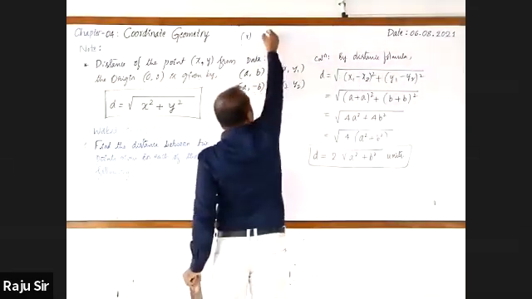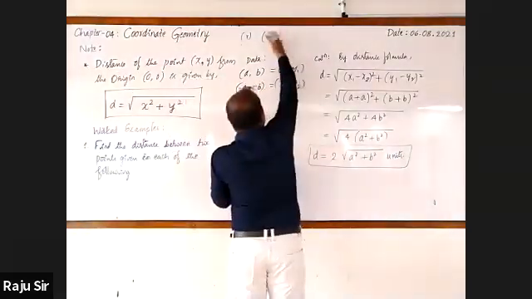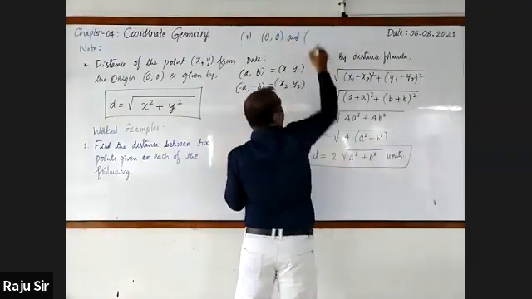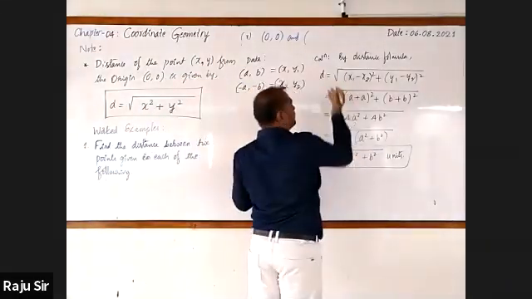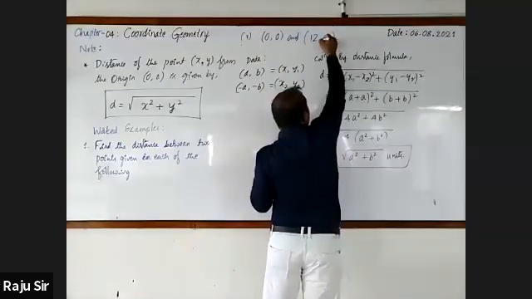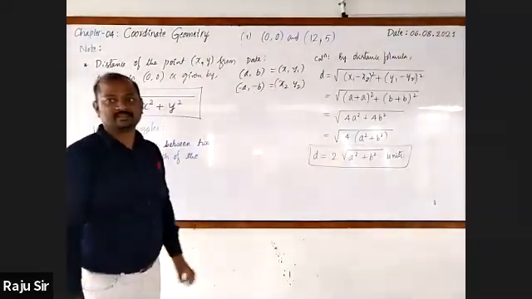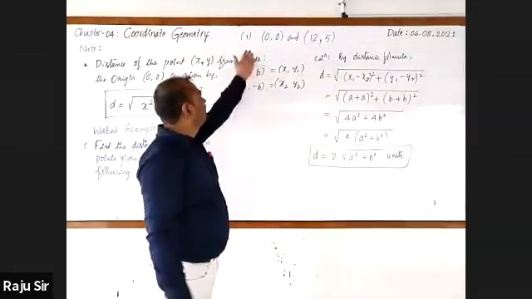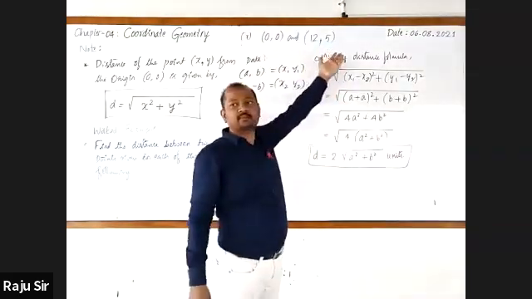It is 0, 0 and 12, 5. Don't worry about it, just find out the squares of those numbers.